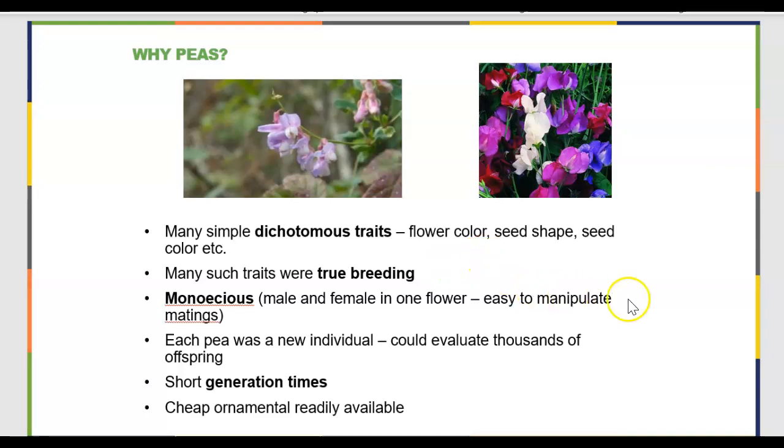You could manipulate how these plants got fertilized, because in a single plant, you have both male and female sex organs in that same flower. So you could use that to manipulate how it got pollinated.